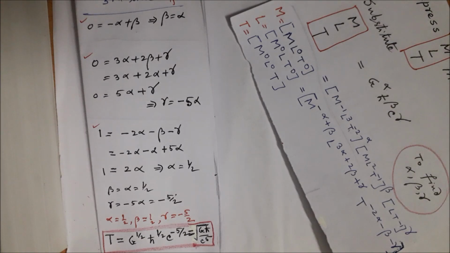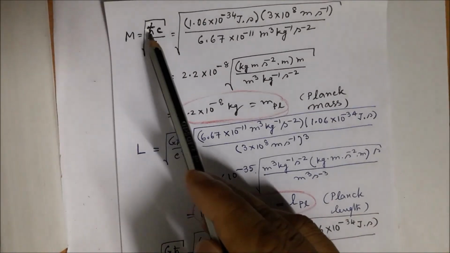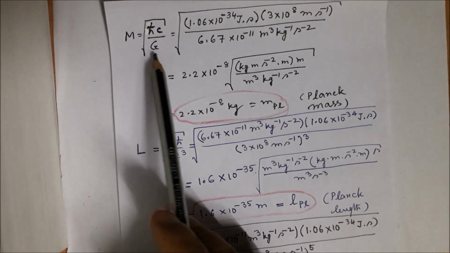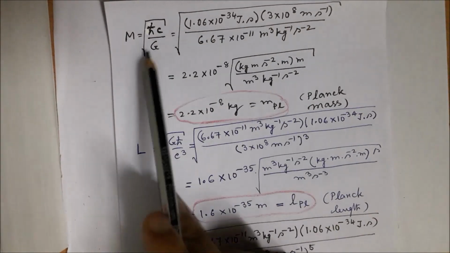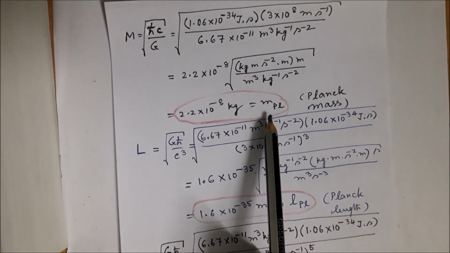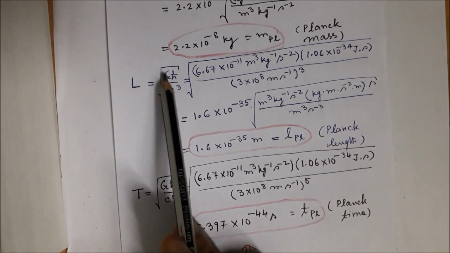So what we have done is we have found the value of m, L and t in terms of h cross, c and G, and if we put the values of h cross, c and G, a simple calculation gives us this amount of value. Similarly for L, we had G h cross by c cubed under root.